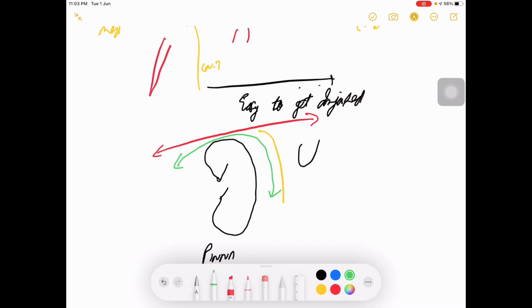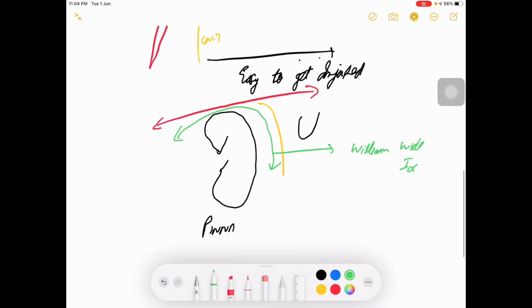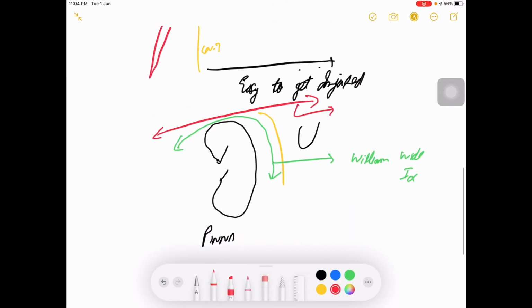Because if in kids we performed a curvilinear incision, the mastoid tip is absent, and hence the cranial nerve 7, the facial nerve, can get injured. This curvilinear incision is known as the Wilde's incision, whereas the one that is performed in children is simply called horizontal.